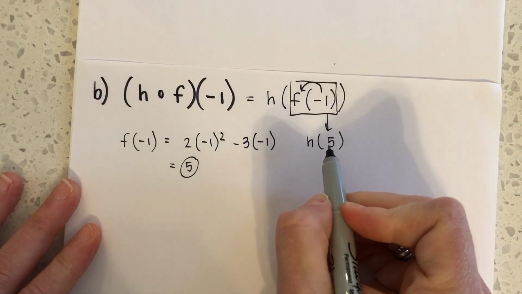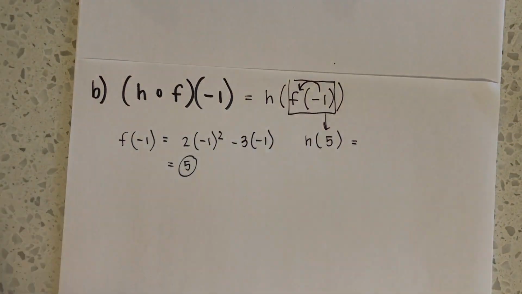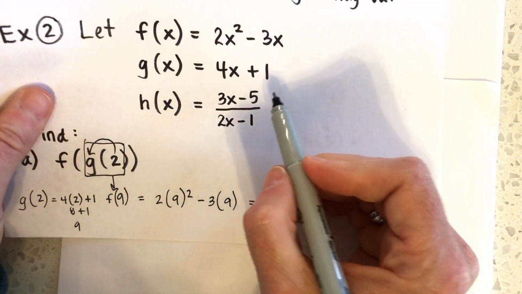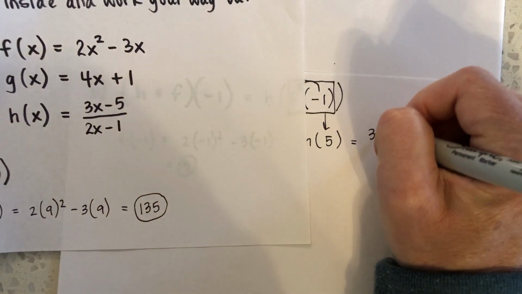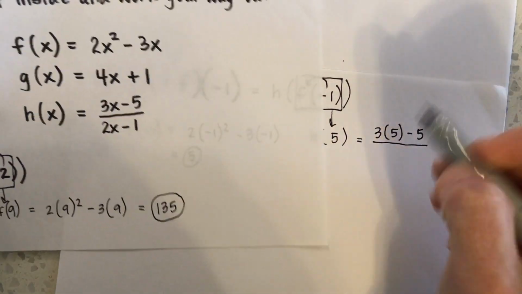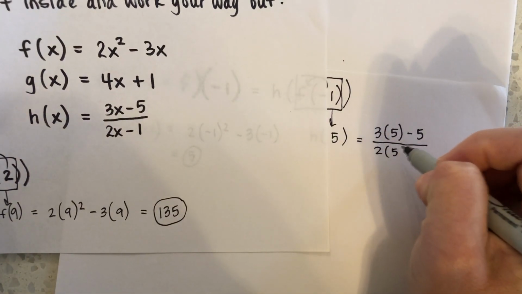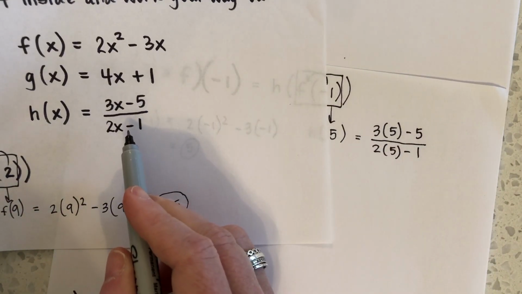So I have to plug 5 into function h now. Well, let's go do that. If I plug 5 into function h, it's going to be 3 times 5 minus 5 divided by 2 times 5 minus 1, because that's what the h of x function says to do.